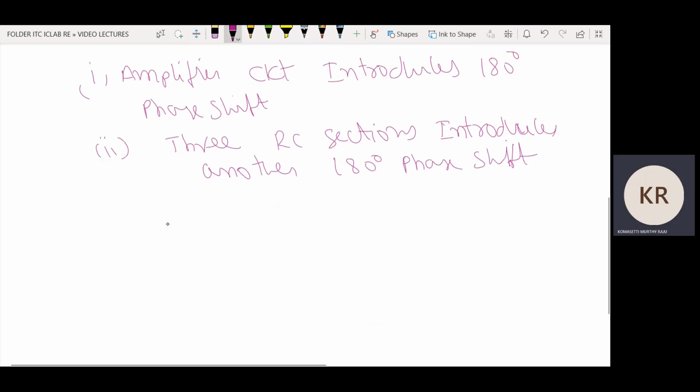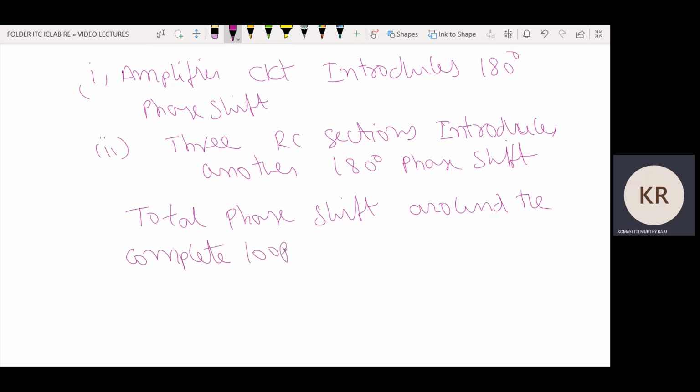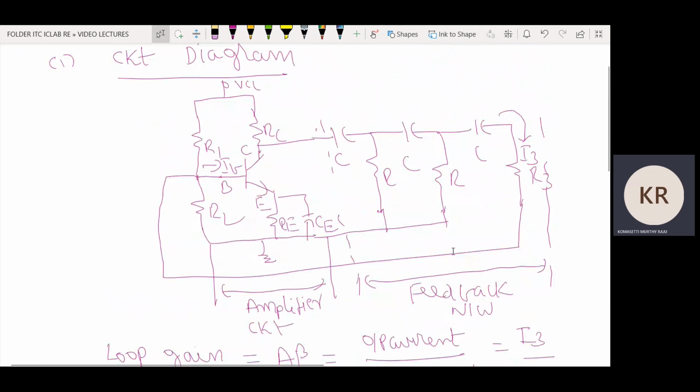Therefore, the total phase shift around the complete loop is 180 degrees plus 180 degrees, that is equal to 360 degrees. See this figure.